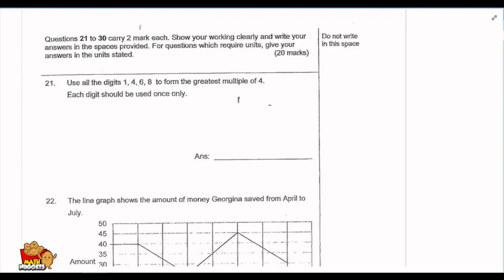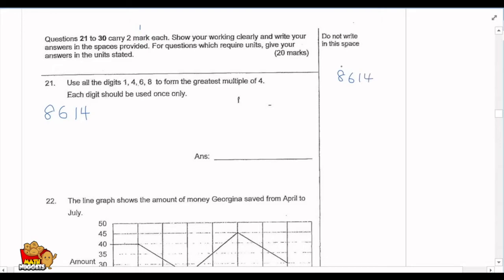So for question 21, use the digits 1, 4, 6, 8 to form the greatest multiple of 4. So they want greatest, so we need to start with the biggest number. So let's try 8, 6. I cannot end with 1, that will not be divisible by 4. So 8614, I don't think so, but let's just do the working and try.